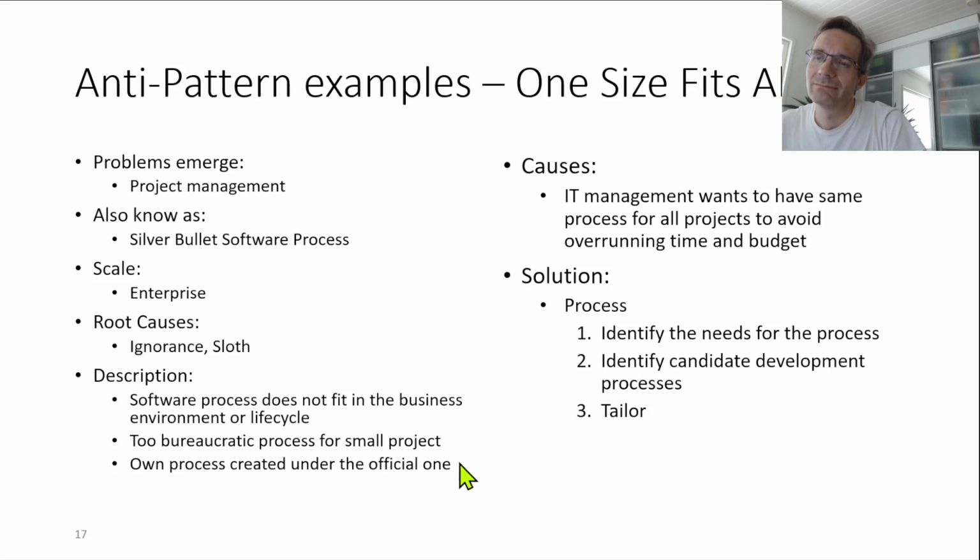So you have a process approach that you try to apply everywhere. Kind of like in the previous example, where you had the software technology, SAP, that you tried to apply everywhere. In this case you have a process approach.